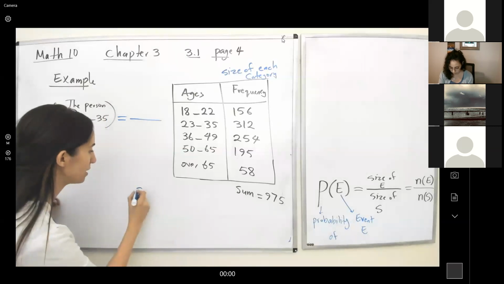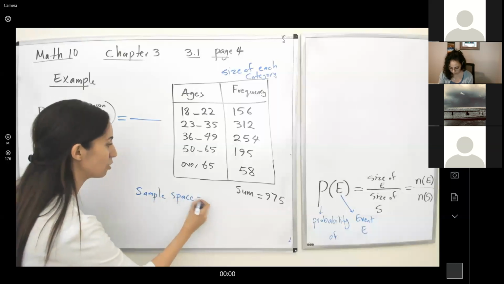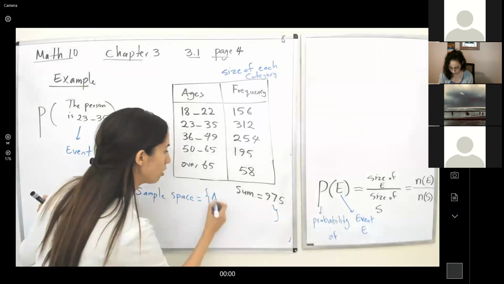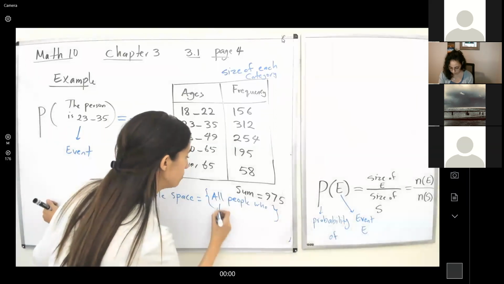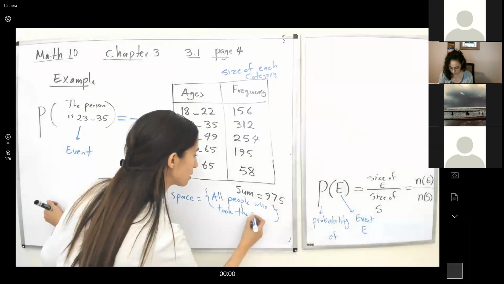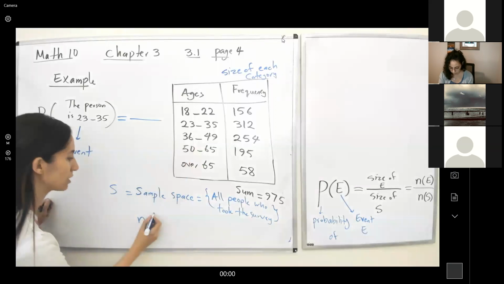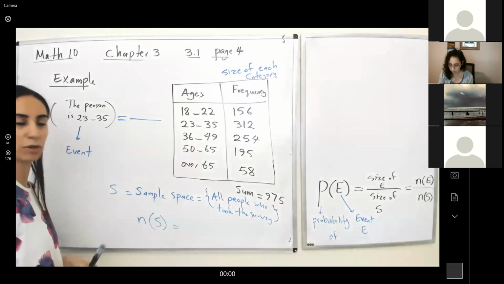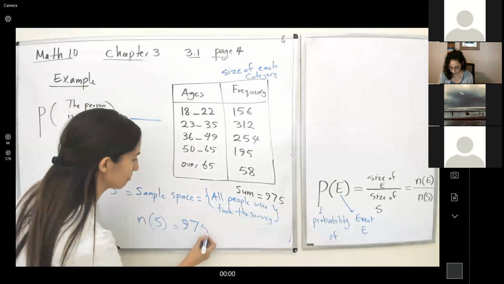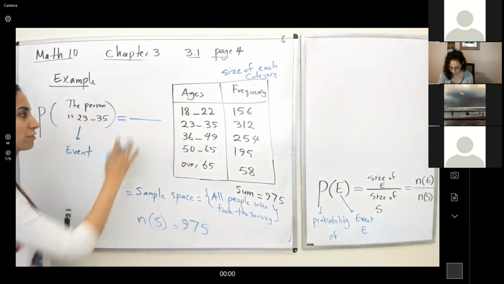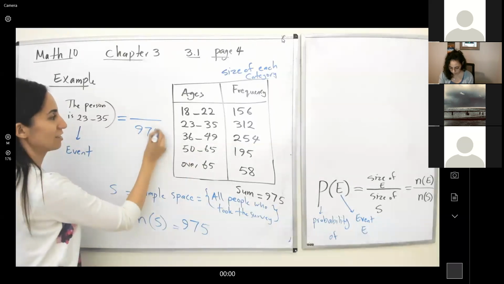So the sample space is equal to the set of all people who took the survey. So what is N of S? What is N of the sample space? How many? 975 people. 975 goes in the denominator.